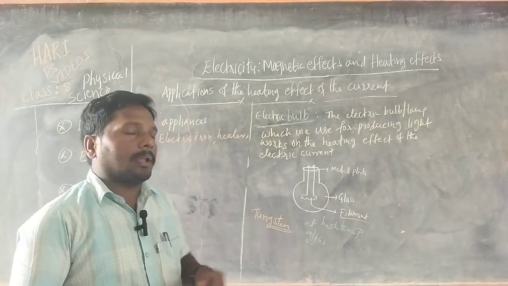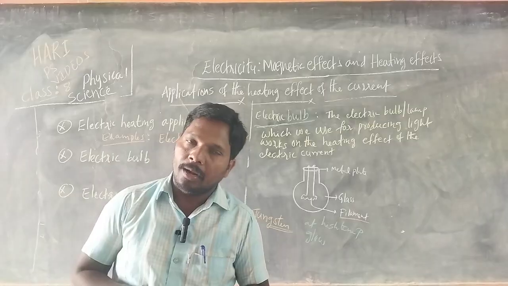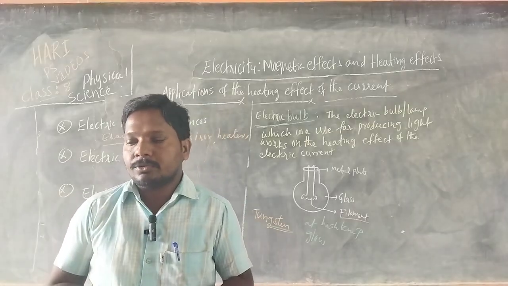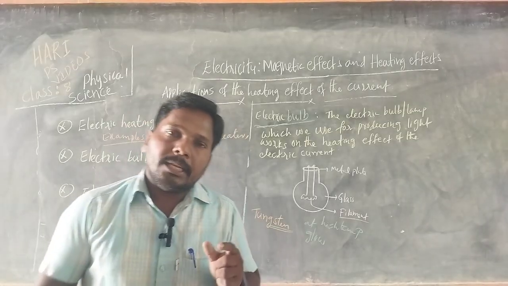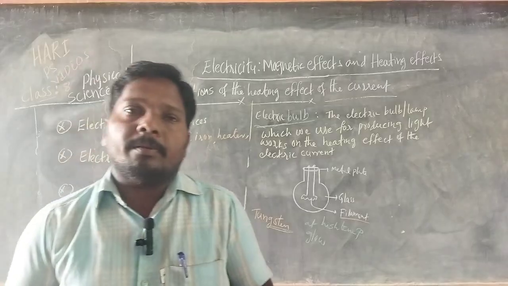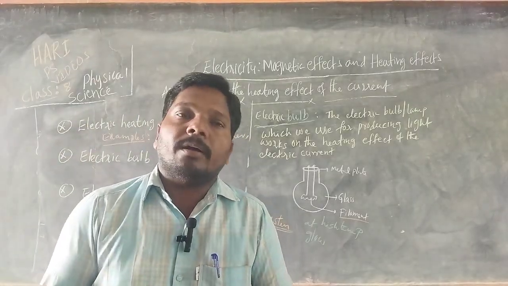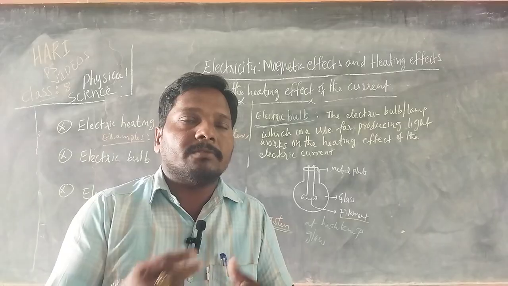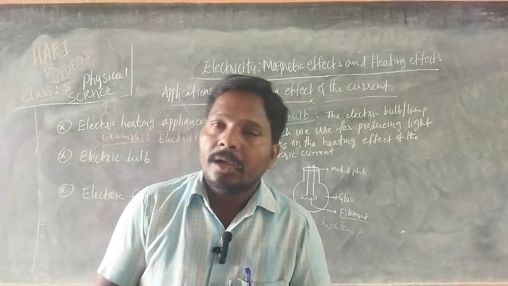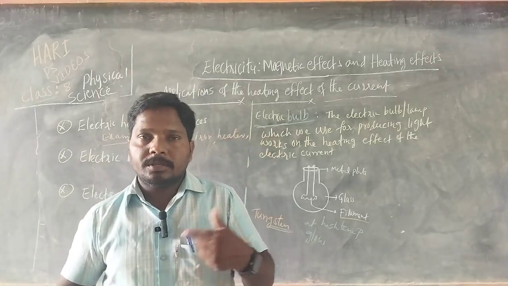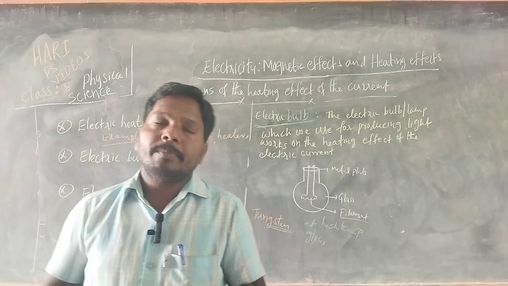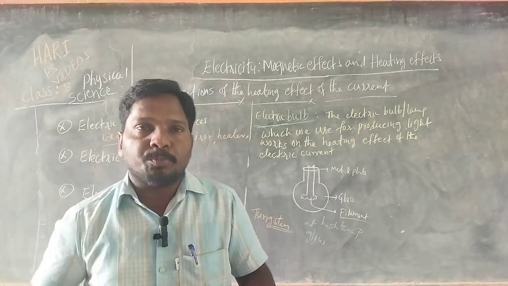Mostly nowadays we are not using this electric bulb. Instead of that, we are using other bulbs. So, in case of the electric bulb, a huge amount of electrical energy is wasted in terms of heat energy. It gives us light, no problem, but heat energy is produced.